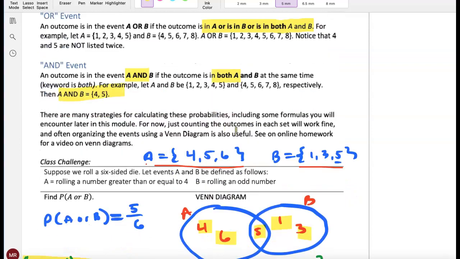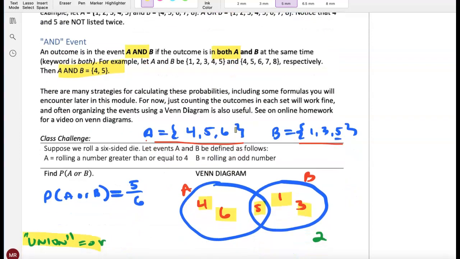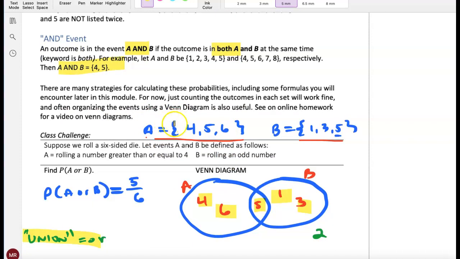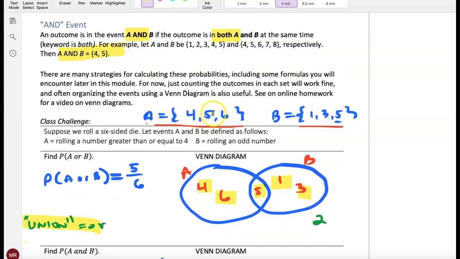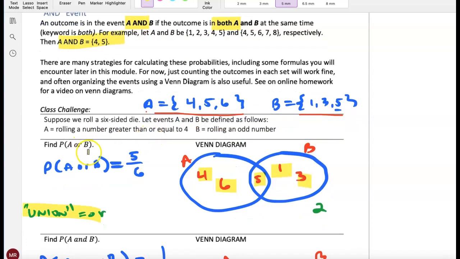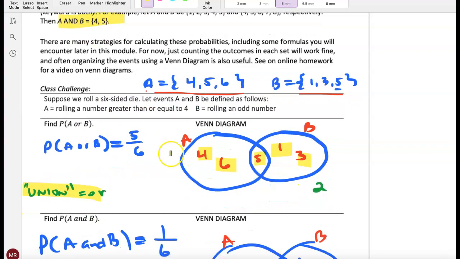So with that language in mind, here is A. The outcomes are 4, 5, 6. B is the outcomes 1, 3, and 5. What's the probability, if you roll a die, that A or B happens? So when you roll the die, does A happen or does B happen?